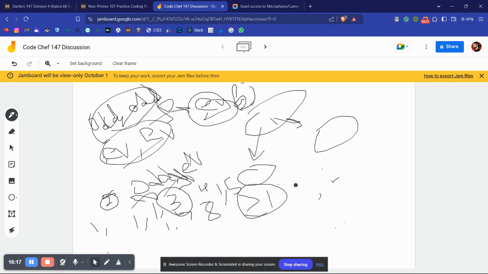So what I have to check is, let us take a value at the front. The value may be 1 or any other number.